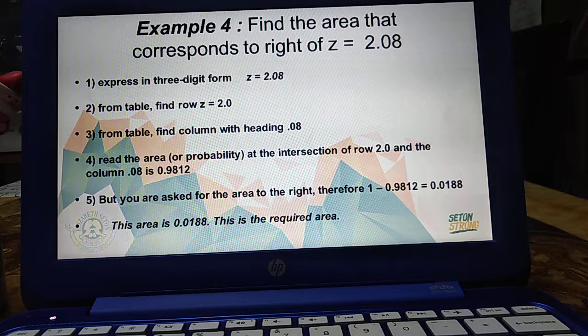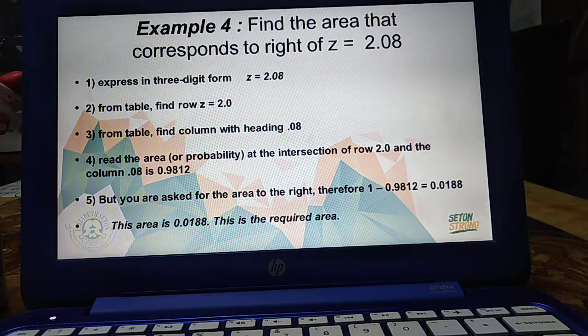The intersection of the row 2.0 and the column 0.08 will be the area that we are looking for, which will give me 0.9812.